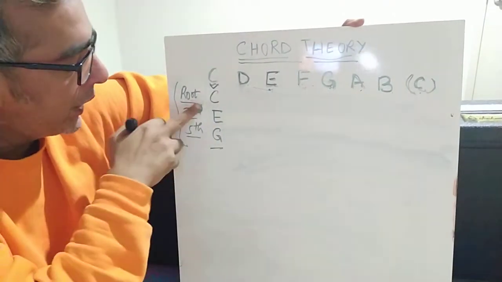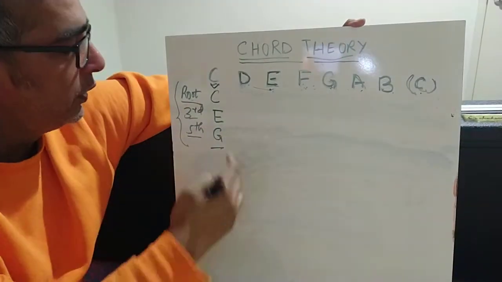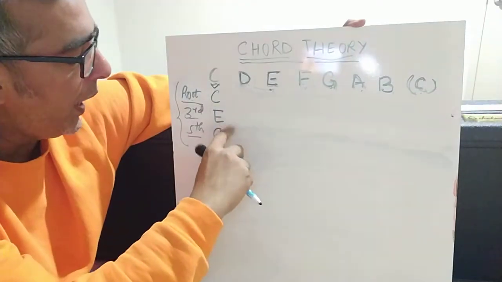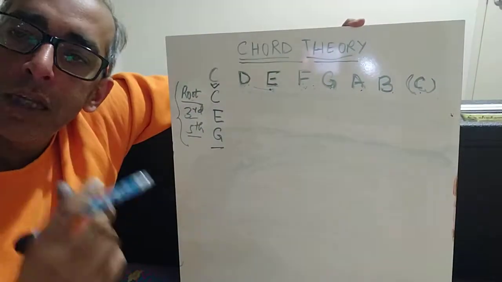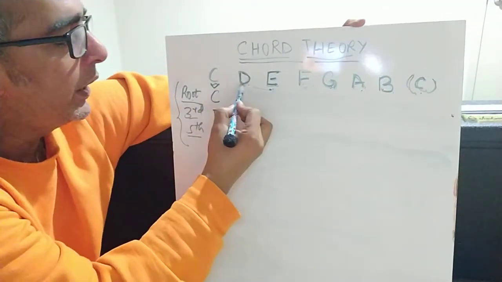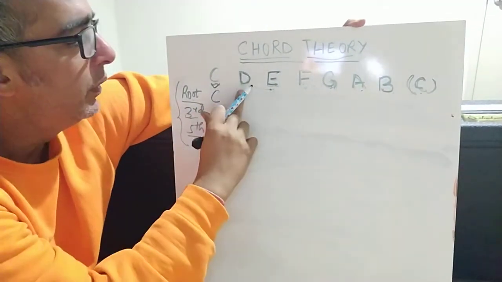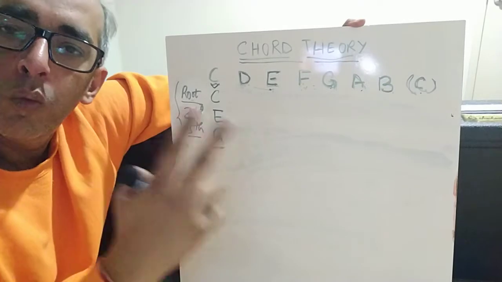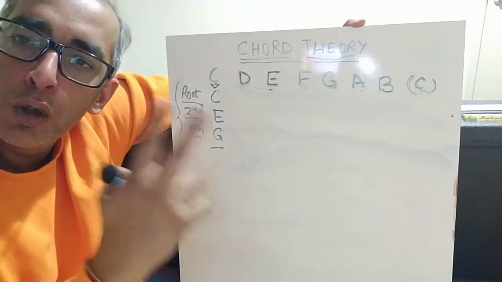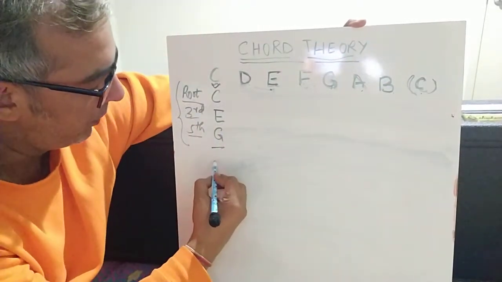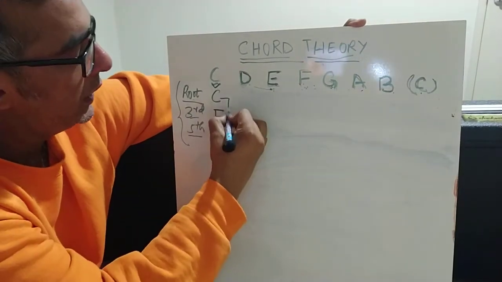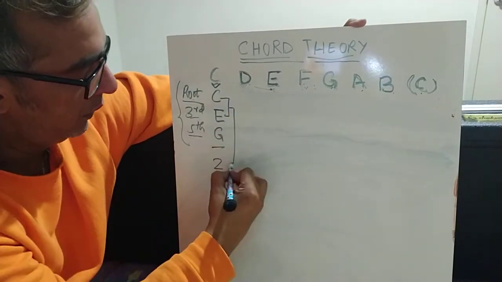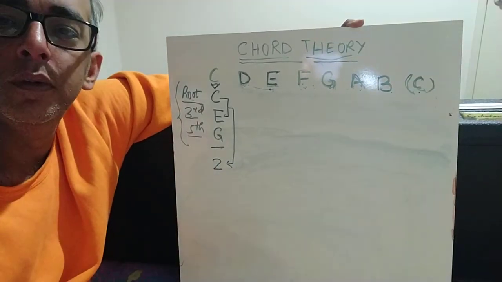So let's take the example of the C chord. Between C and E I have a spacing of C and D, one whole step, D and E, one more whole step. So overall 2 whole steps. So it will be 2 between C and E. 2. Correct?